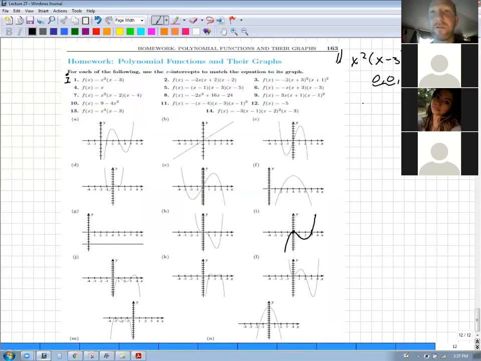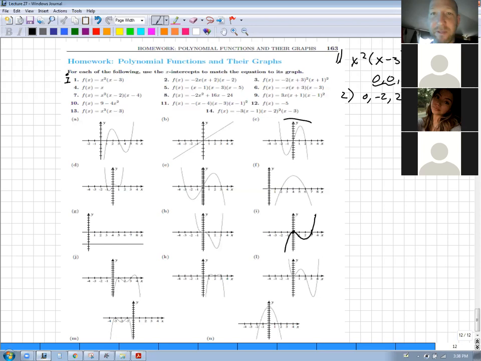Let's check out number 2. So it's a negative 2x. So we're going to have roots at 0, and we have an x plus 2, so negative 2, and then an x minus 2, that'd be a positive 2. So we're going to have 3 roots at 0, minus 2, and 2.